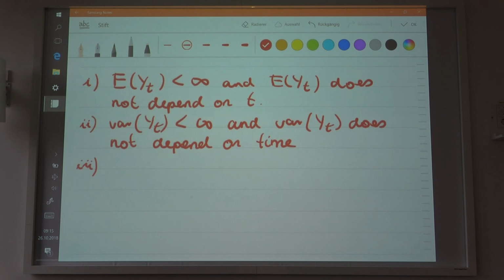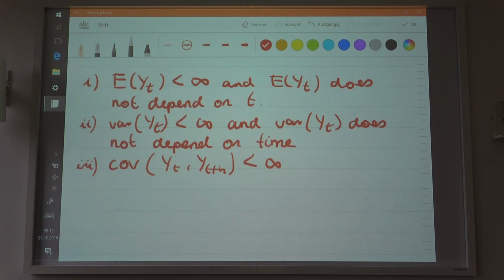The third one is the covariance, or the autocorrelation. So you have the autocovariance, and the autocovariance is also finite. It has to be finite, and it doesn't depend on t.